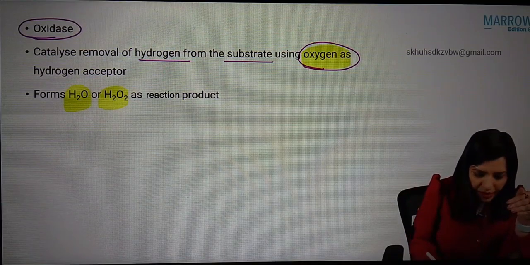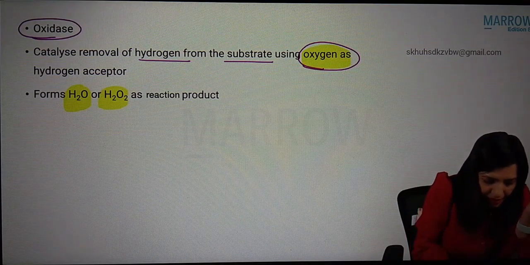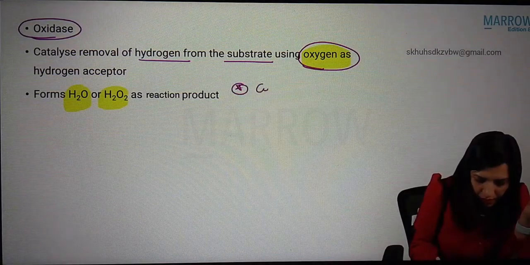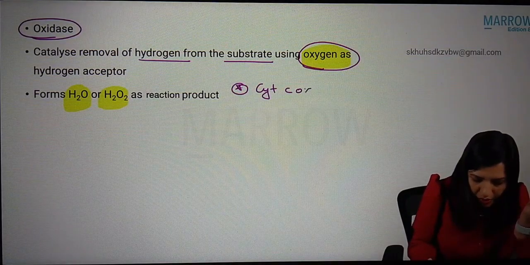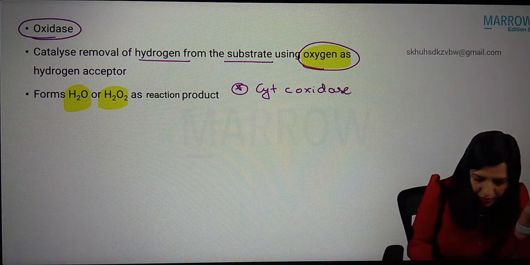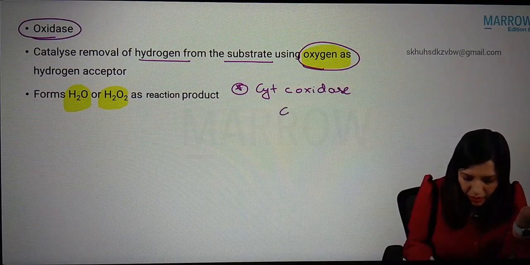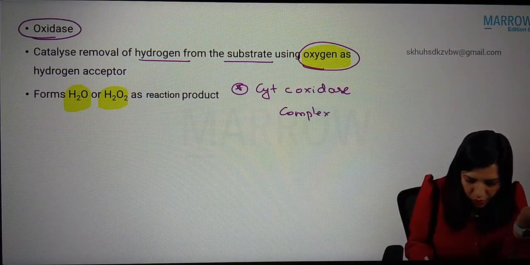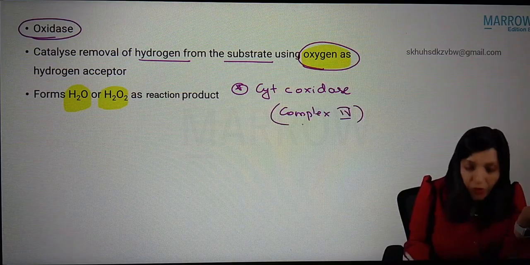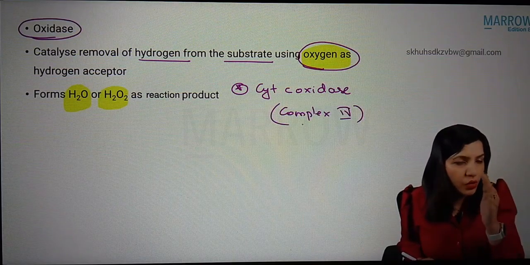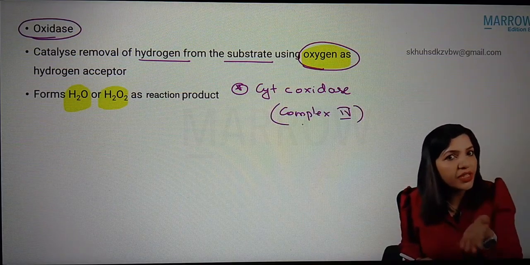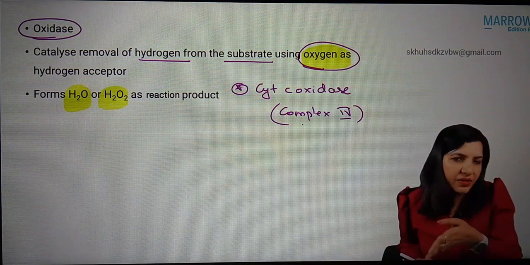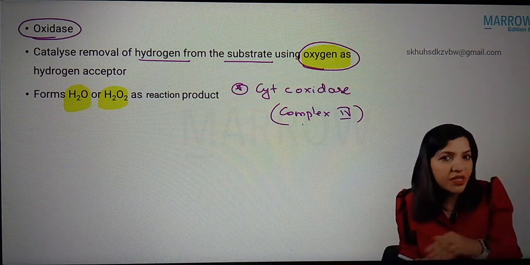Which are the examples under this? Cytochrome C oxidase, which is complex 4 of the electron transport chain. If you know the electron transport chain, you know that oxygen is the final electron acceptor, which gets reduced to water.